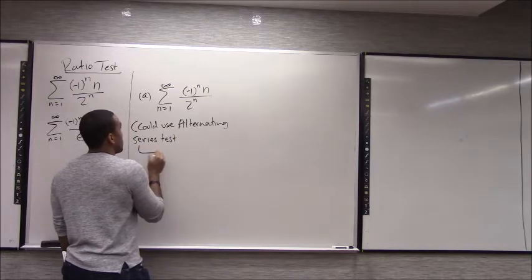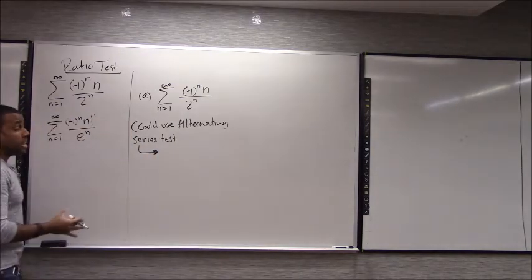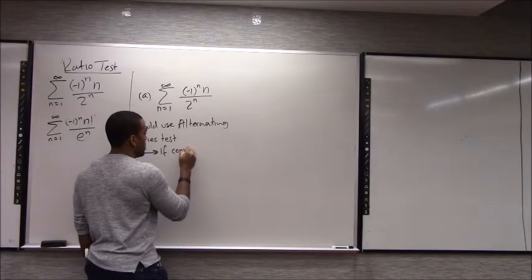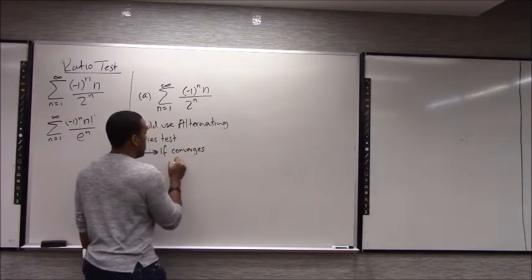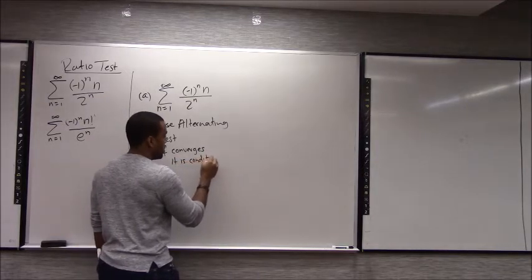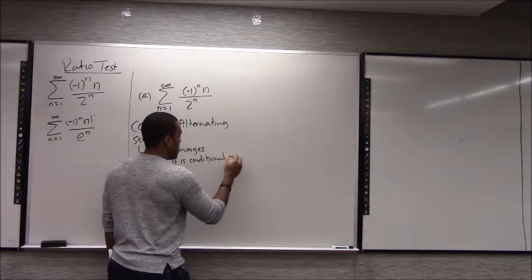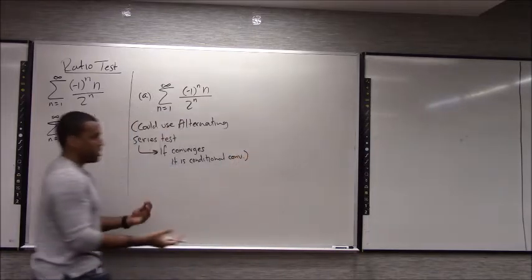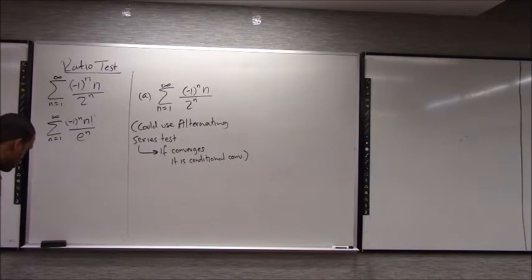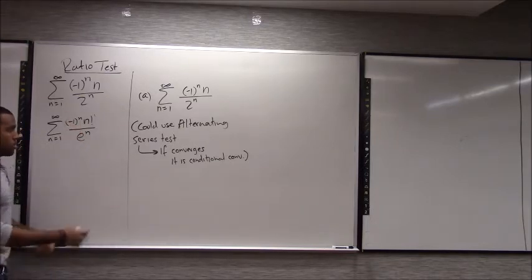But what you would obtain from that, if it converges by this test, it is conditional convergence, so you should just be aware of that. So had you done this with the alternating series test, you might get convergence, you might not, but if you do get a convergence, it would be what we call conditional convergence, and I'm going to remind you about that as we move on.